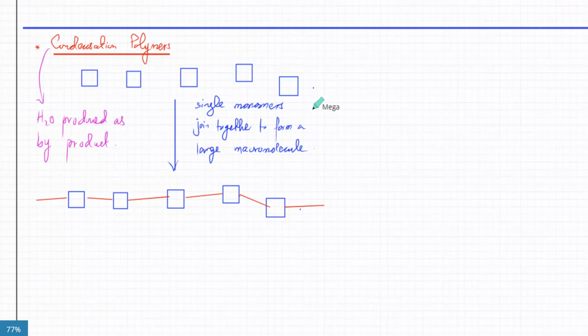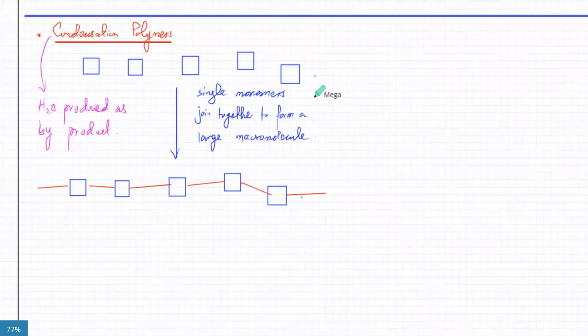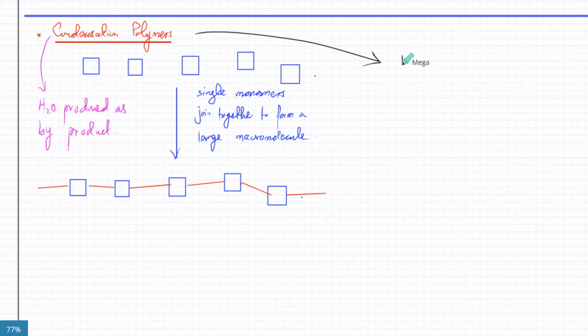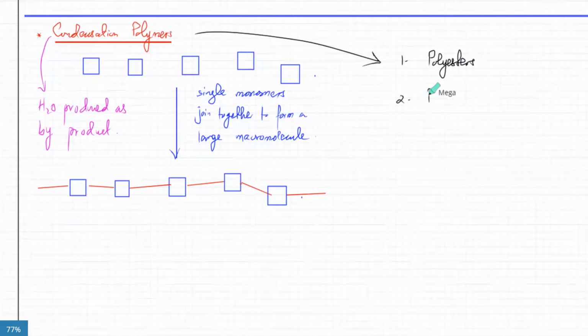So that is one very important fact: water is produced every time. Now, about condensation polymers, there are three types. One of them, let's start with polyesters. The second type is known as polyamides.